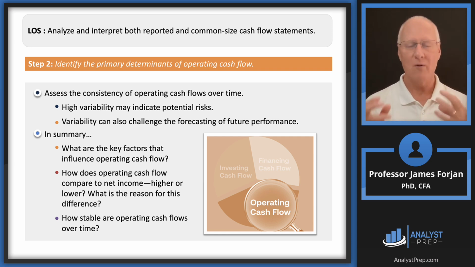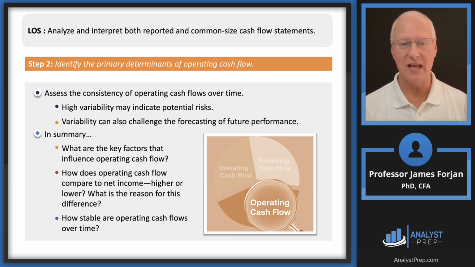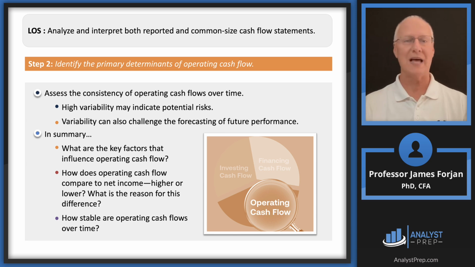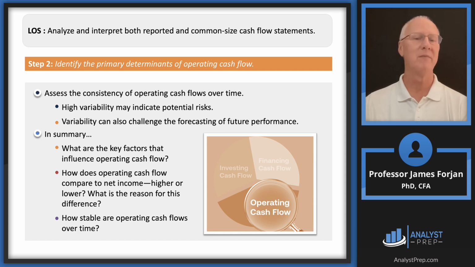What do you think the standard deviation of the Hershey chocolate bar product line is? Now, I'm not going to say it's zero, but it's very, very low because Milton Hershey knows that if he makes 10,000 chocolate bars today, he's going to sell 10,000 chocolate bars today because that's what we do. We eat the Milton Hershey chocolate bars. We know exactly how many we eat every week or every month or every year, and Milton Hershey knows that.